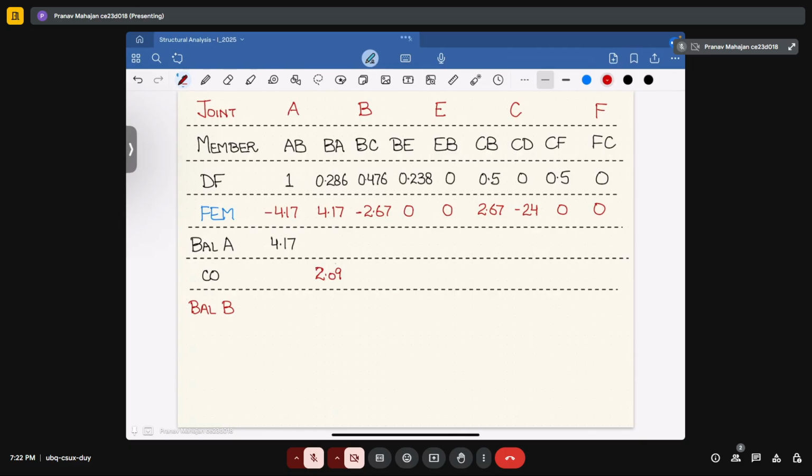Out of this, we will divide it in terms of distribution factor, and it will come out as minus 1.03, minus 1.71, minus 0.85. Okay. If we further balance it, now carryover will come. So carryover for balance CO, I think I should mark multiple lines.